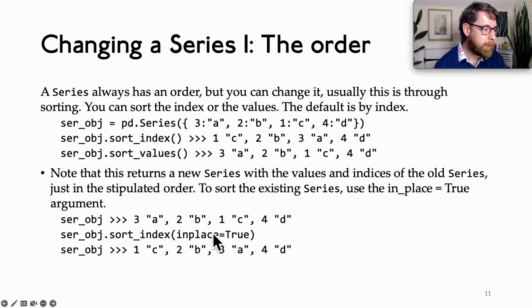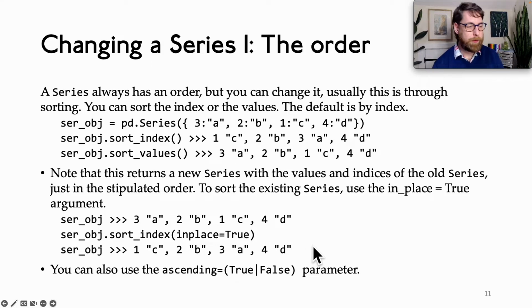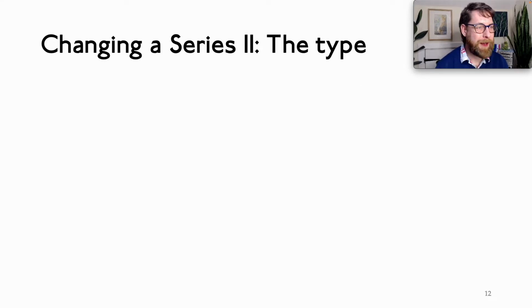So we sort in place, and you'll notice when we first print it, it'll be 3, 2, 1, 4. But then if we sort the index with inplace equals True and print it again, it's 1, 2, 3, and 4. You can also use ascending equals True or ascending equals False in order to sort it either way. And I'm not going to go over to Jupyter Lab because I think that's pretty self-explanatory.